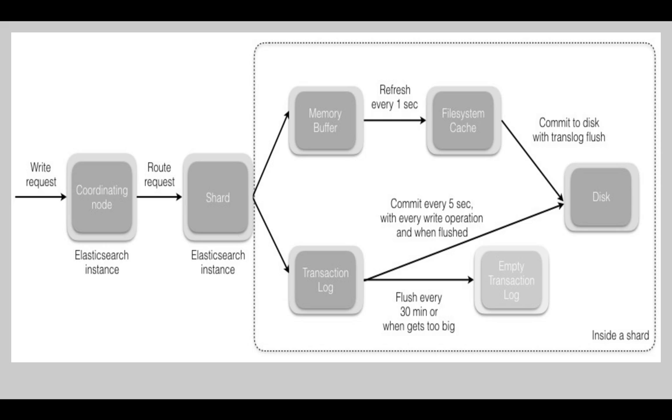Flush happens every 30 minutes or when the log gets too big. Flush is like cleaning our transaction log every 30 minutes. So in this diagram, you can see what is really happening inside a shard.